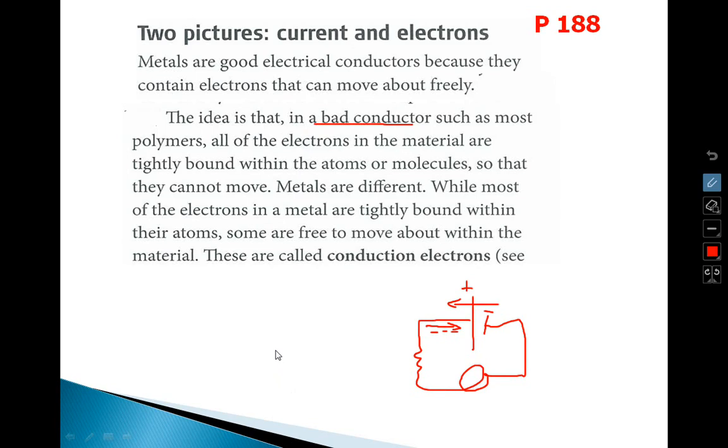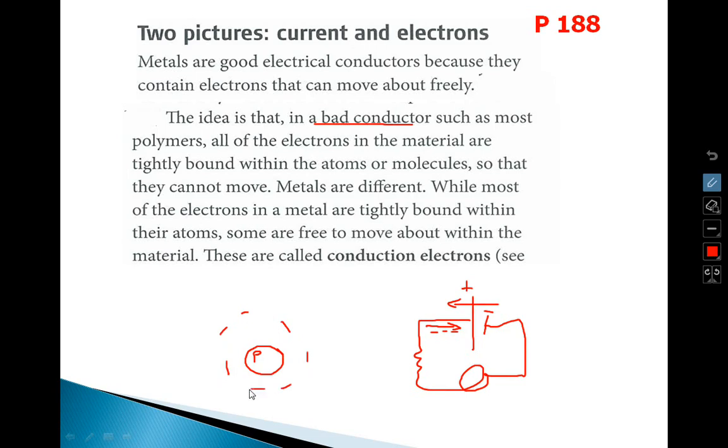In any material or metal, there are atoms, with protons and neutrons in the center, surrounded by electrons.